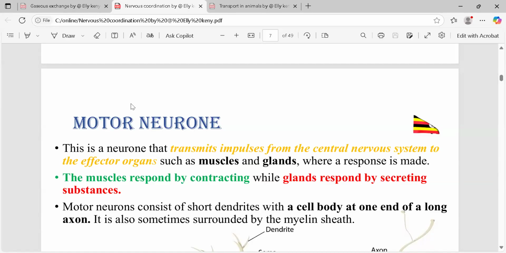Here you have said that the motor neurons just transmit impulses from the central nervous system to the effector organs. Then on the other side, we say the eye sends the messages to the brain for interpretation. After interpretation, some glands secrete some hormones. So I would like you to explain more about the organs that send messages to the brain and the other organs that send messages to the central nervous system. Thank you.